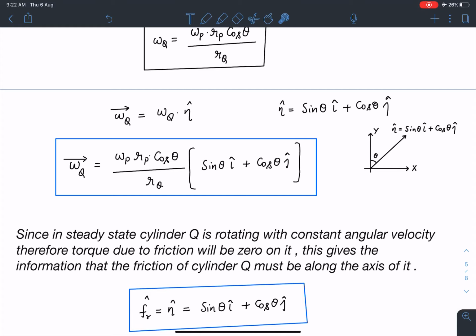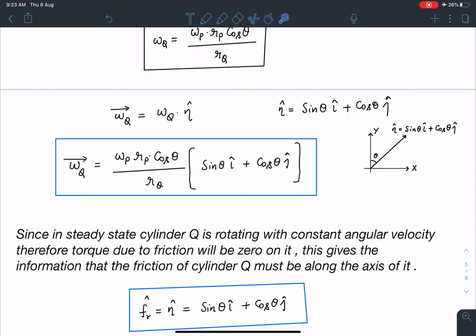So here you can see this statement: since in steady state cylinder Q is rotating with constant angular velocity, therefore torque due to friction will be 0 on it. This gives the information that friction on cylinder Q must be along the axis of it so that it can provide 0 torque. So this Fr cap must be equal to n cap, and I can say it is sine theta i cap plus cos theta j cap.